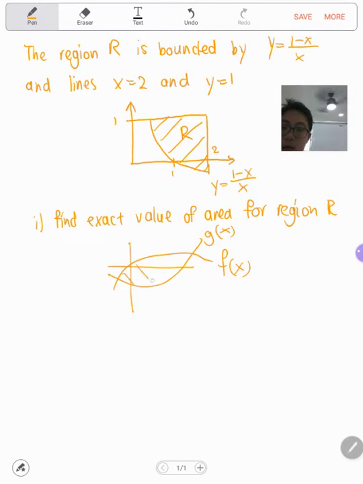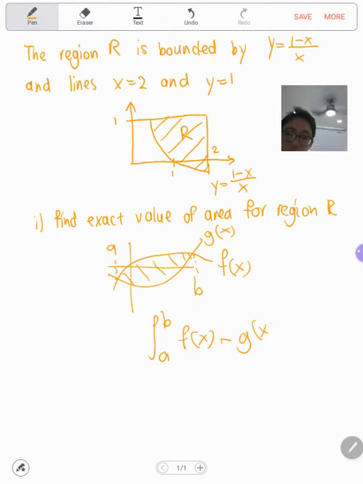If I want the area between these two graphs, I just need to find the x coordinates of the two intersection points, a and b. I integrate from a to b, taking the curve f(x) on top minus the g(x) curve below for this interval, and then I do dx, and that will give me the area in between.